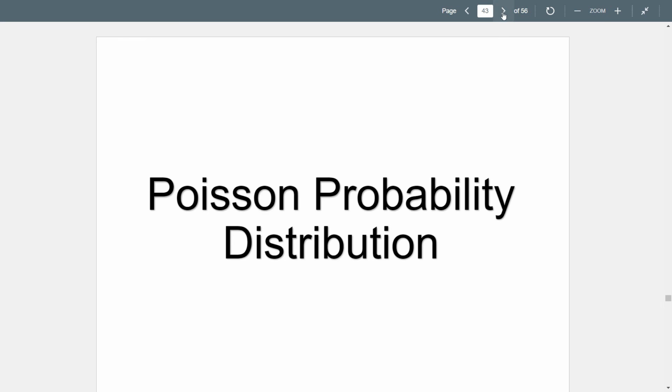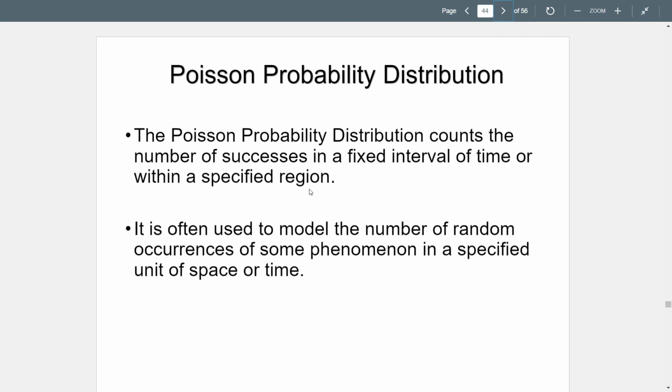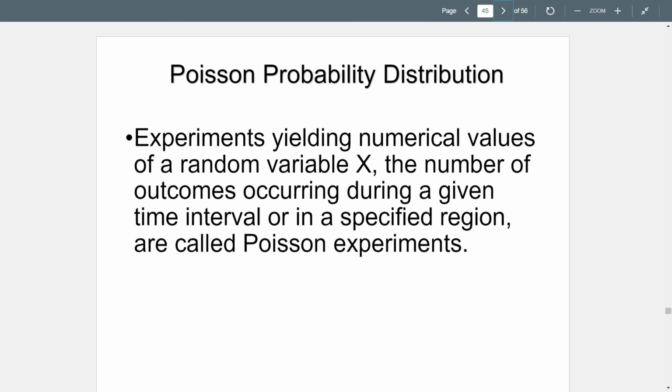Poisson probability. Poisson probability counts the number of successes in a fixed interval of time or within a specified region. It is often used to model the number of random occurrences of some phenomenon in a specified unit of space or time. The numerical values, random variable x, and the number of outcomes in an interval or specified region are called Poisson experiments.